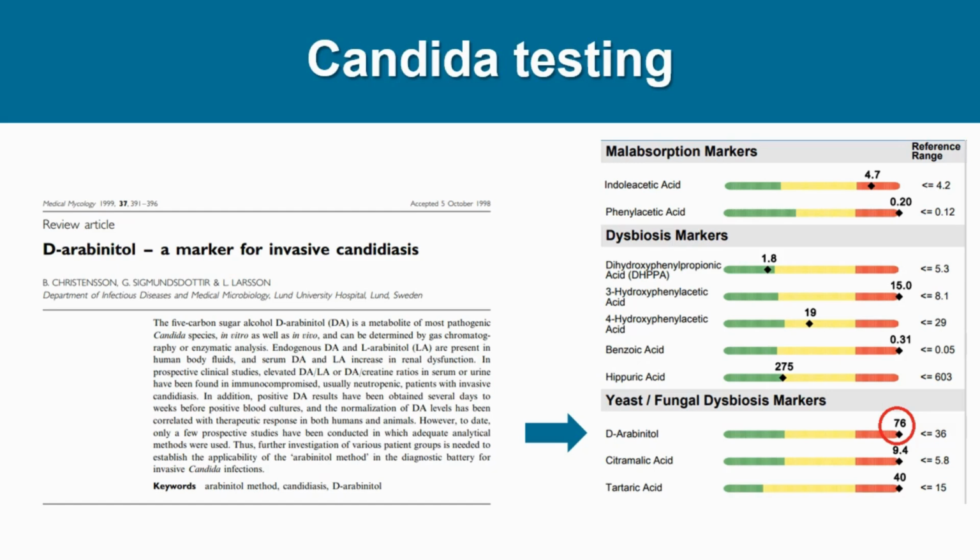Blood and urine have been developed since 1979, although different people have different beliefs about it. But there's been a lot of studies that show that too much arabinitol found in patients was, in fact, relevant to an infection. So I actually can do this on the NutriEval test. There's a marker called D-arabinitol that can indicate if there's potential Candida in the body.